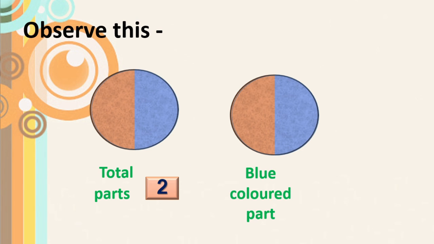This blue colored part is 1, correct? And it has one orange colored part, isn't it? Okay, we will try to write this in the fractional form. You know now, half part is orange colored and half part is blue color. If we take into consideration only the blue part, how to write in maths in the fraction form, we will go through.